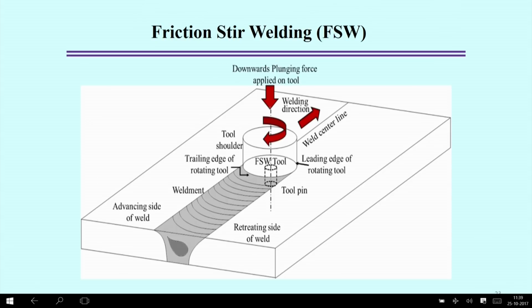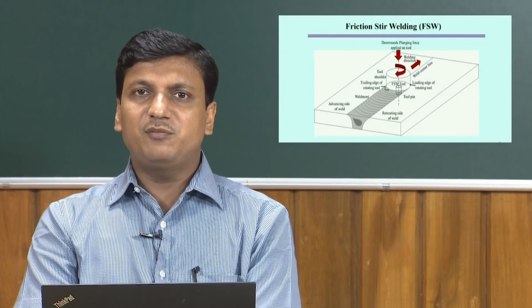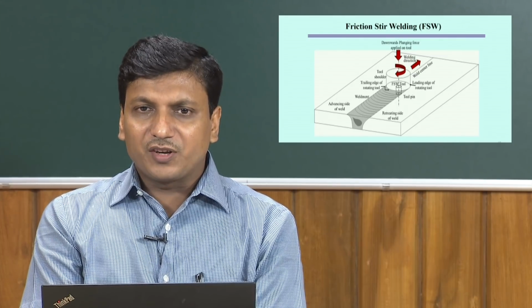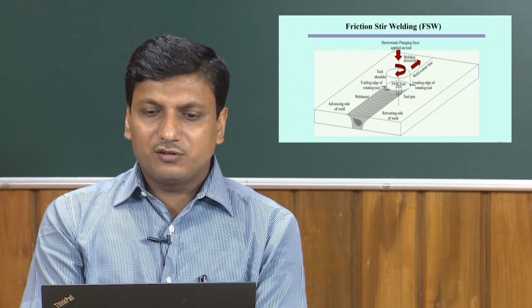The main part of this friction stir welding process is the design of the tool, so that it will be able to stir the plasticized material, mix the two materials, and finally make the joint.